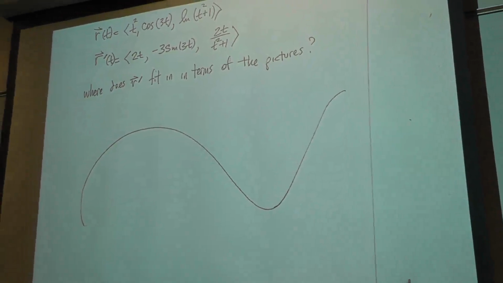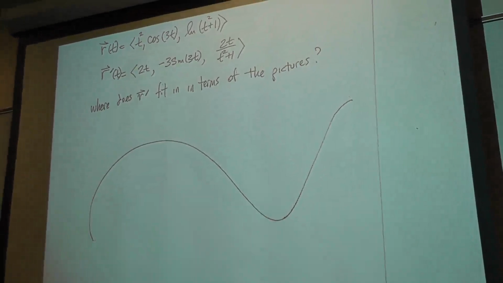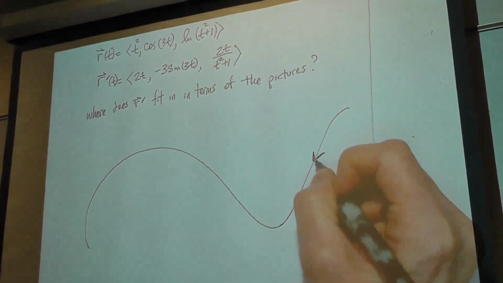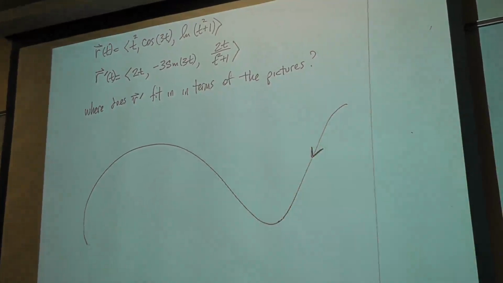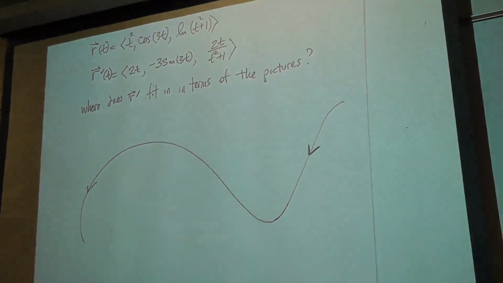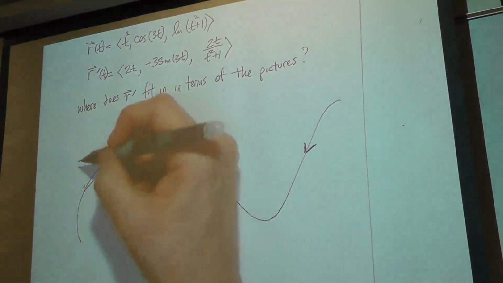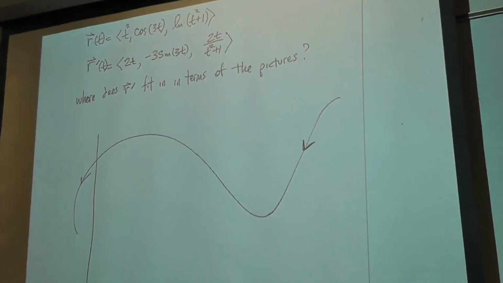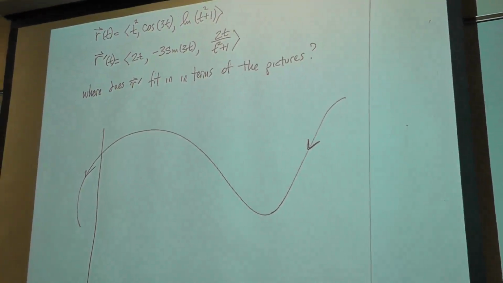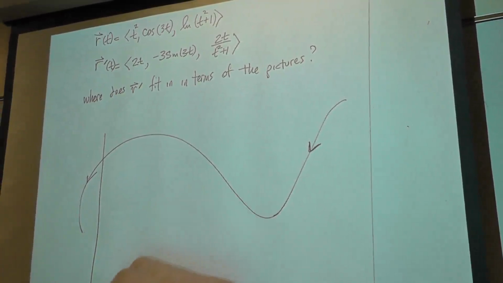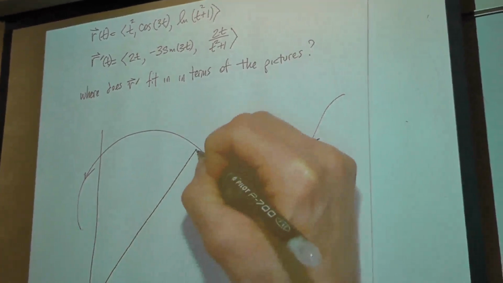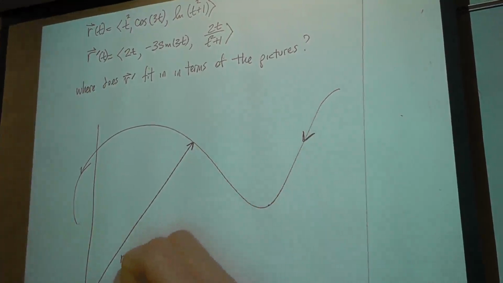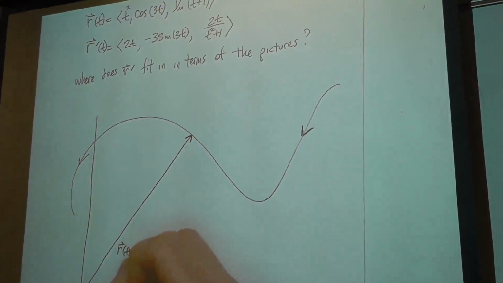I could care less if we orient this going left to right or right to left, but let's orient this going from right to left. So the curve is looking like this, and I'll put some kind of coordinate system on here. And I will tell you that this is R of t.